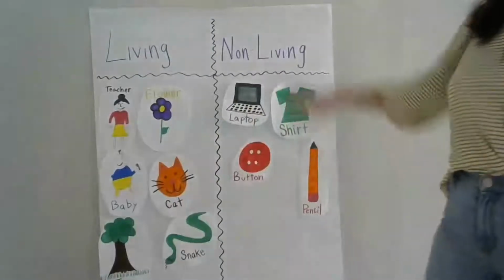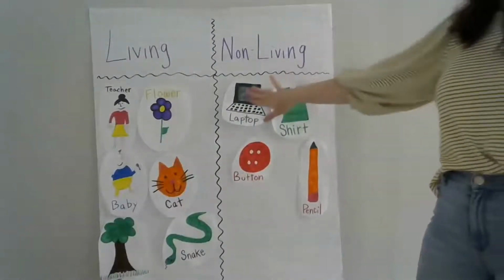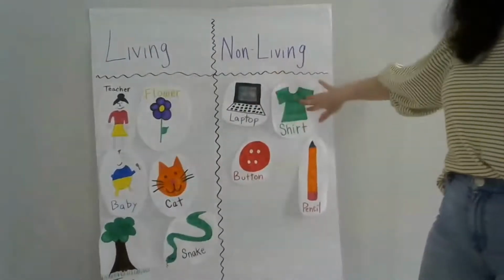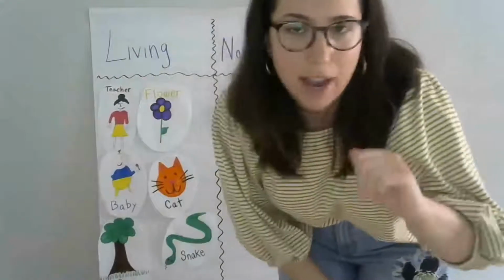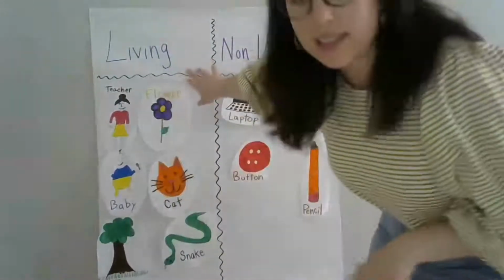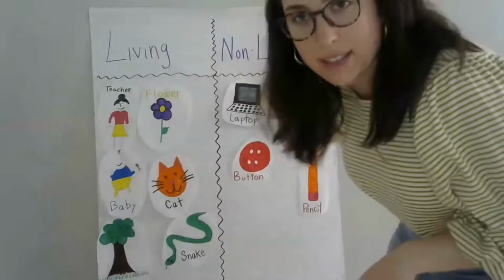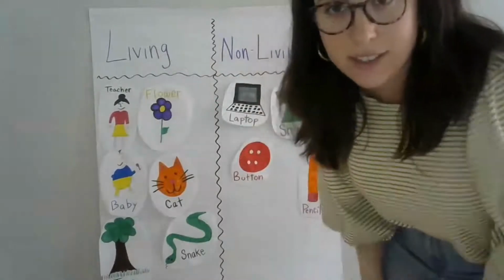All right, those are all living things. And for non-living things, we had a laptop, a shirt, a button, and a pencil. Can you think of one more thing to add to each side that maybe I forgot? Can you think of something that's living and something that's non-living that we didn't have on this list?